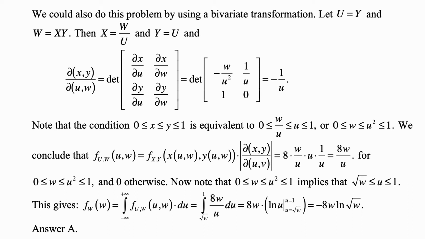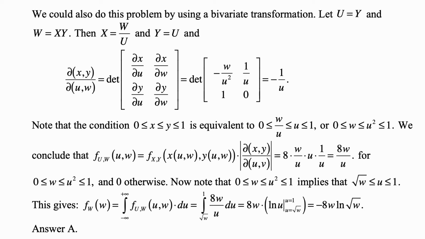And then we conclude from the formula for the bivariate density of a transformed random variable that f sub uw of uw is f sub xy evaluated at the x and y that correspond to this pair uw times the absolute value of that determinant we just calculated above.